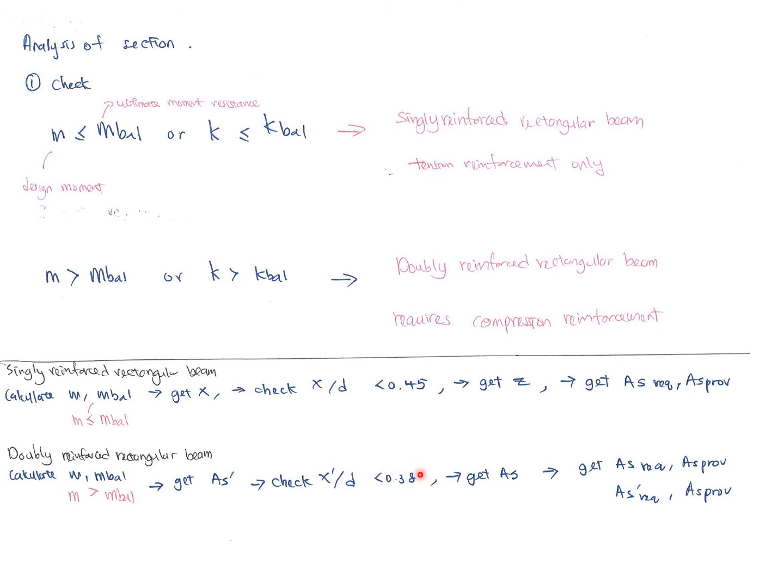If it is okay, then you can get the value of As. As provided must be greater than As required, and As prime provided must be greater than As prime required. So you check it and then you get the dimensions of the bar. So that's it for analysis of sections. See you in another topic.